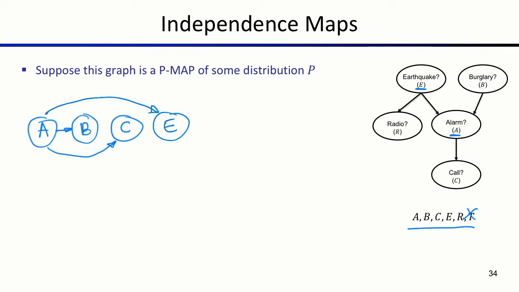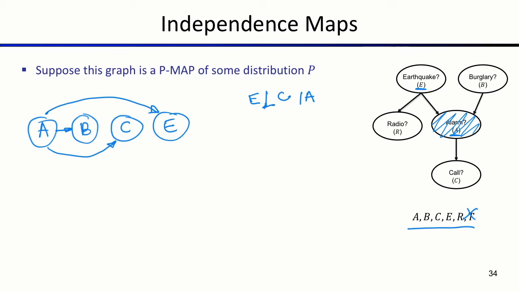But now I have A, and conditional to A we have E. If you look at C, we can make E independent of C given A by observing it here.